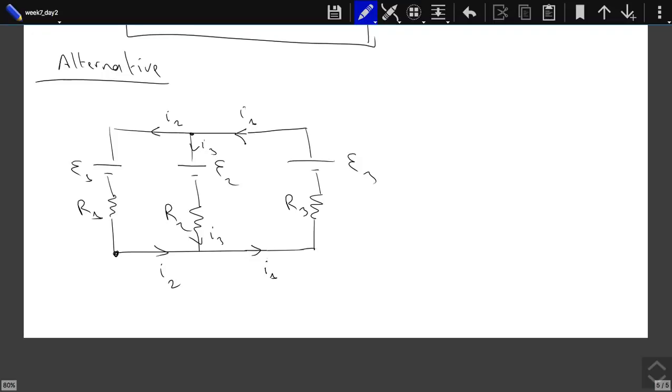Okay. Now let's look at that point again. What is the sum of the currents entering that point? I1. There's just one. What is the sum of the currents leaving that point? I2 and I3.